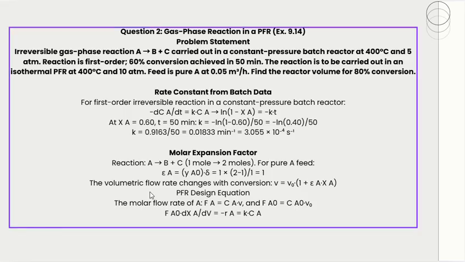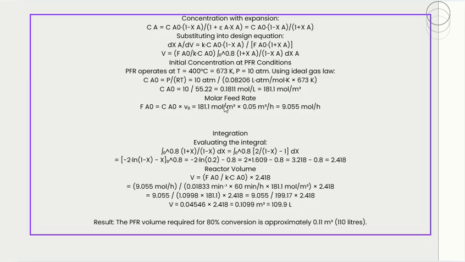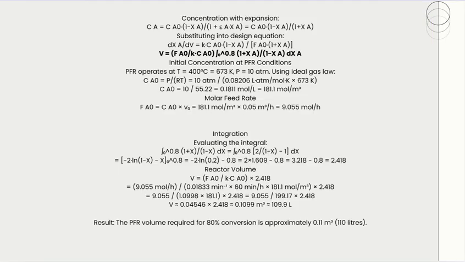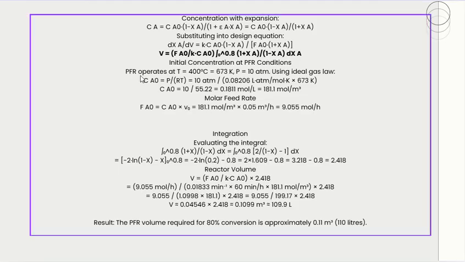So after that, for PFR, using the PFR design equation, we'll calculate the volume. First we'll integrate the design equation. The final design equation that we get is the integral of (1 plus x) upon (1 minus x) dx with limits from 0 to 0.8 equal to Fa naught into v into C naught into k upon Fa naught.